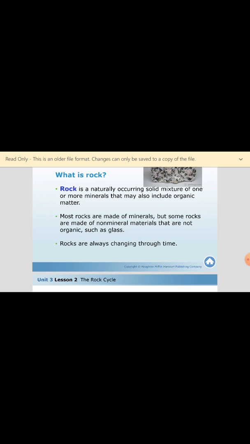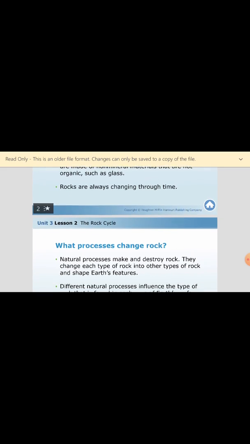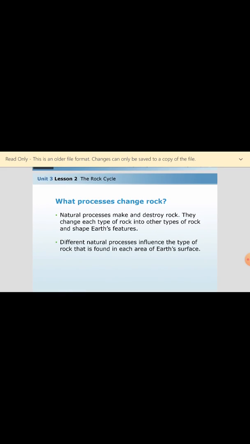Rocks are always changing through time. As you know, the earth millions of years ago is not the same as it is now. These are very, very long periods of time, like thousands or millions of years.